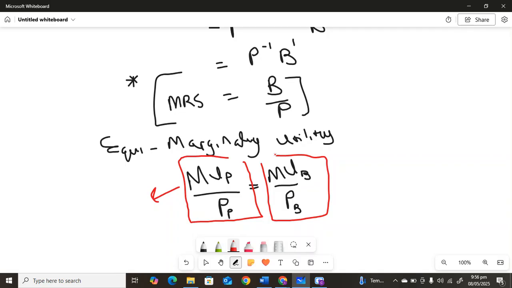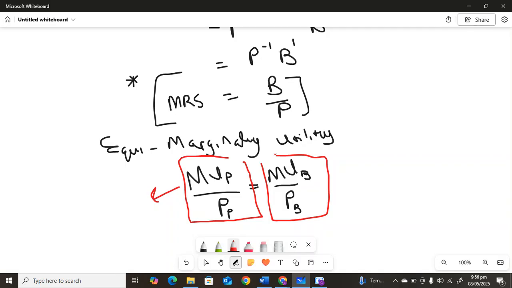MUB over PB is the additional satisfaction per one kwacha you spend on beef.